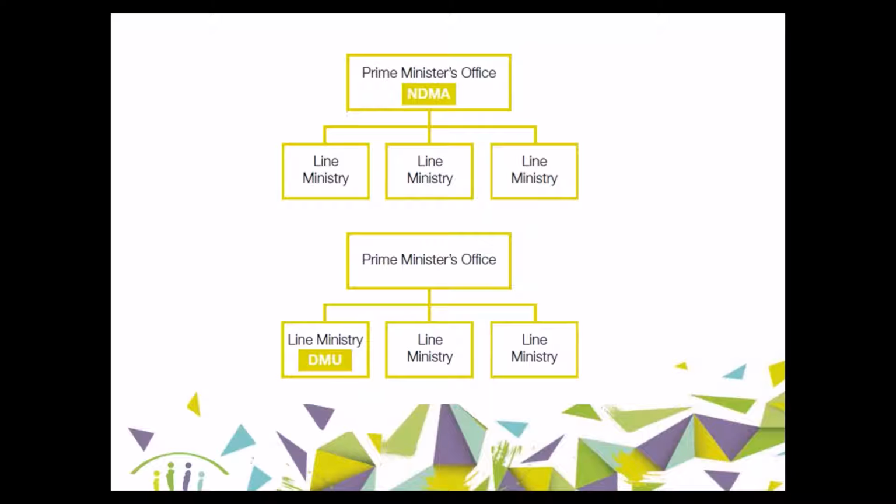Basically the NDMA can sit within the Prime Minister's office, which is a model that's used in Colombia and Uganda, or it can form a disaster management unit, which is in line with a local government ministry. This is like Bangladesh or Zimbabwe. And the third model is that there's no single NDMA, but instead line ministries have the role. And this is like in Turkey.